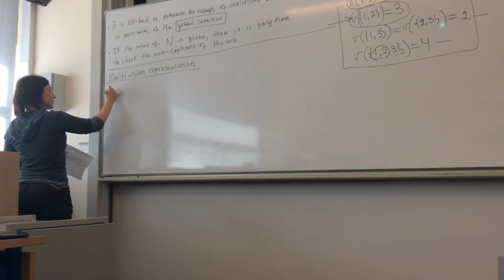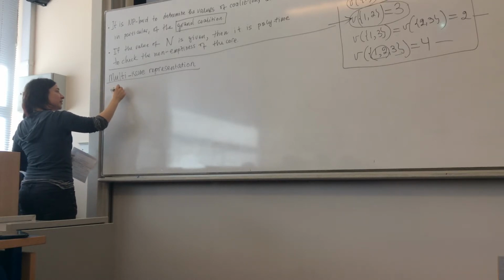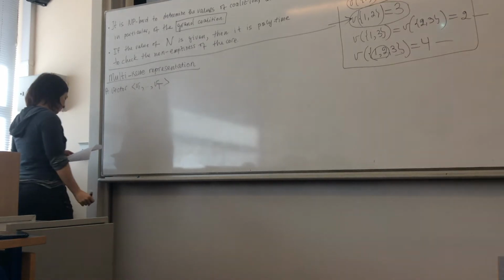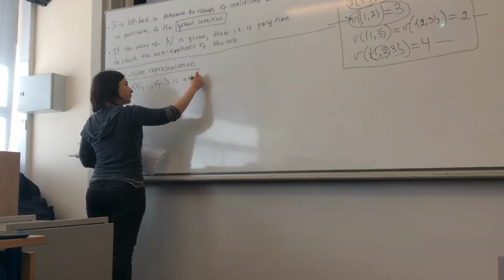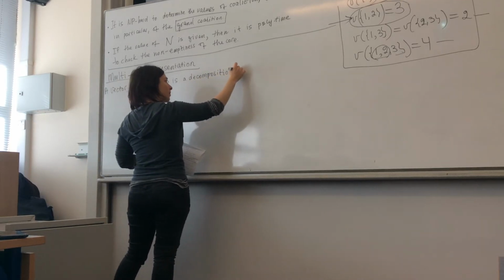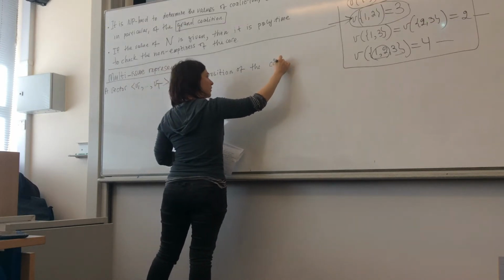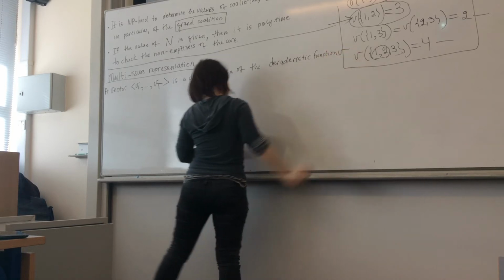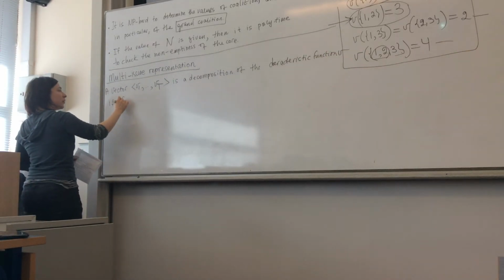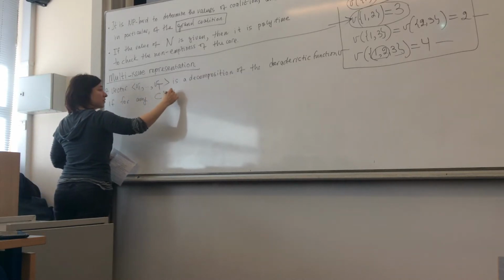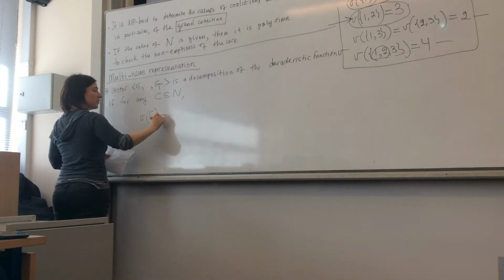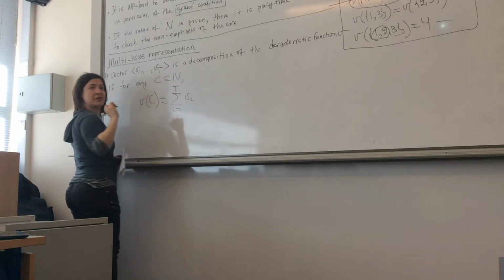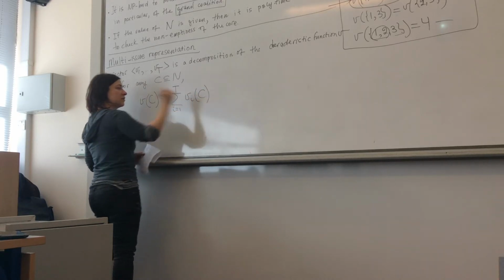So specifically, we would say that the vector v1 to vt is a decomposition of the characteristic function v if for any subset of agents C, the value of C is the sum of these partial values of C for each task.